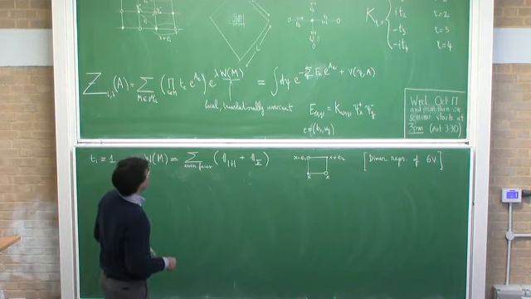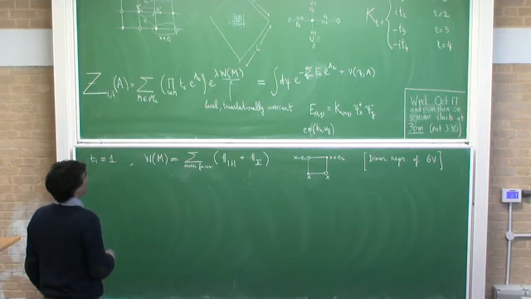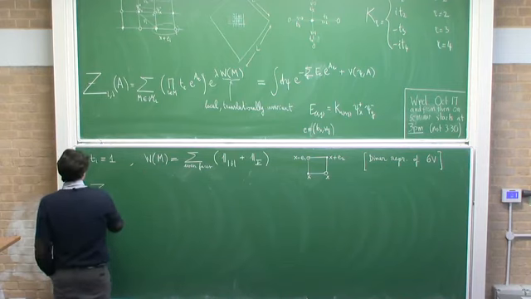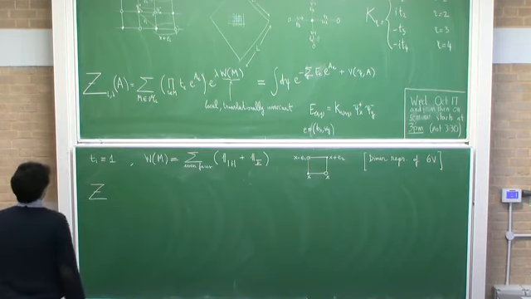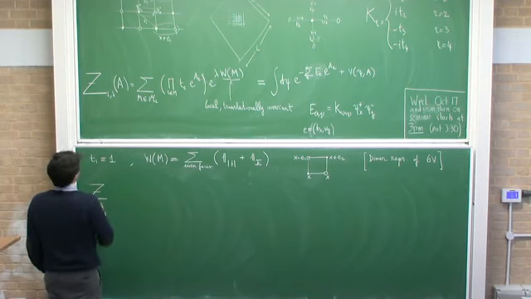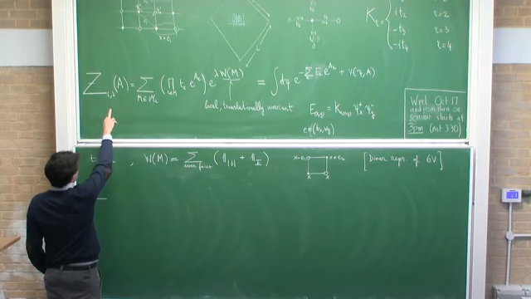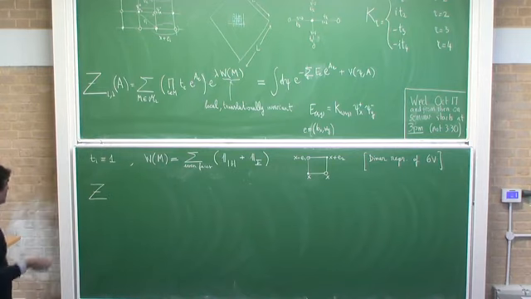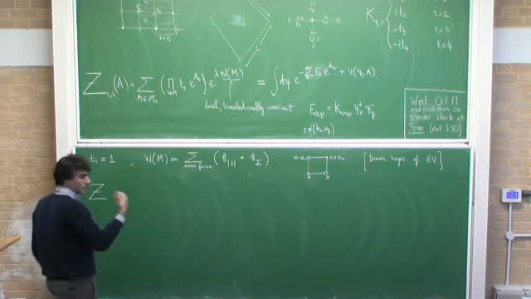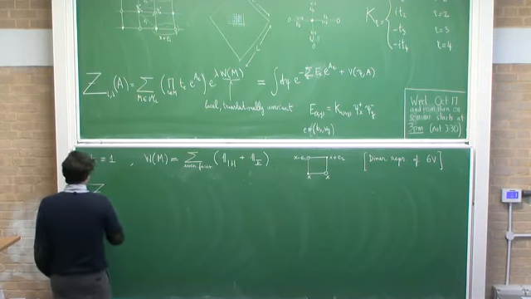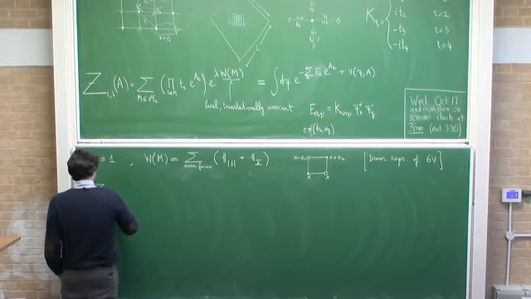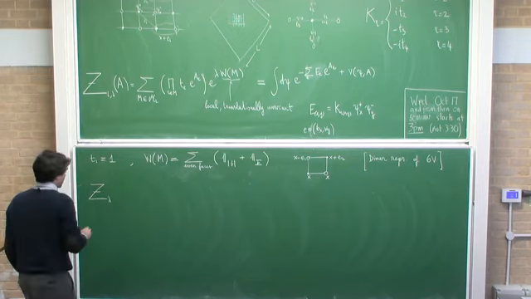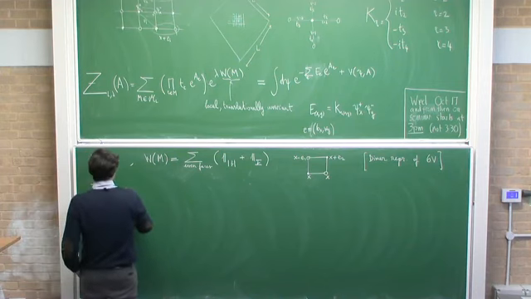Okay, so in this special case, let me just explicitly write the Z, and again for simplifying as much as I can, let me restrict to the case of the partition function. So I set a equal to 0. Possibly in the next lectures, if I have time, I will comment about what happens if I have the a's. So I set a to 0 and I drop the L index, so I just write Z lambda.